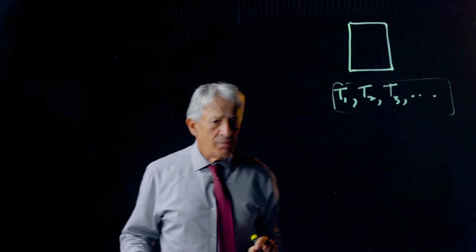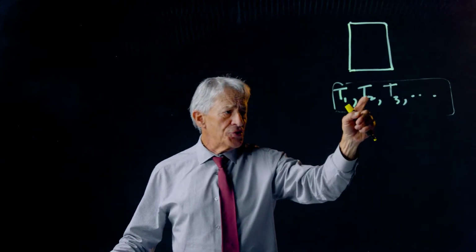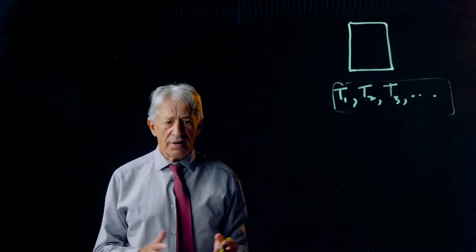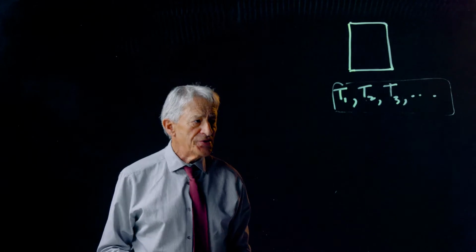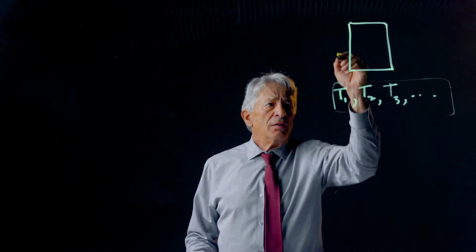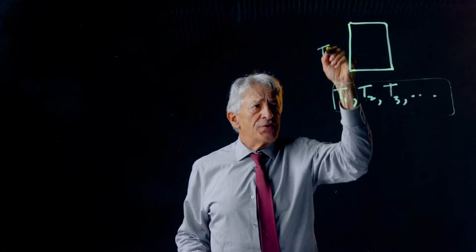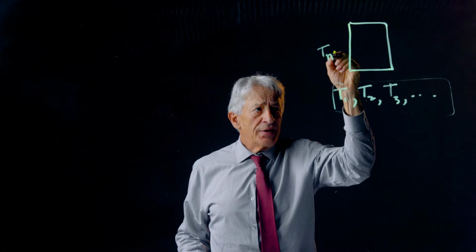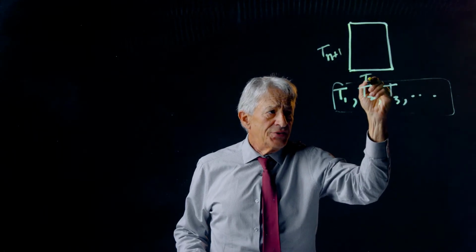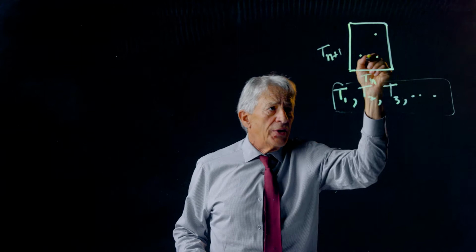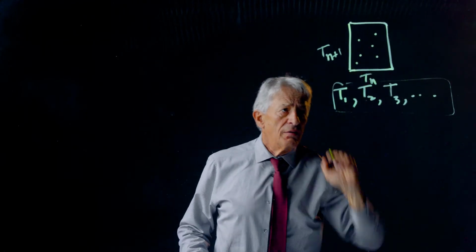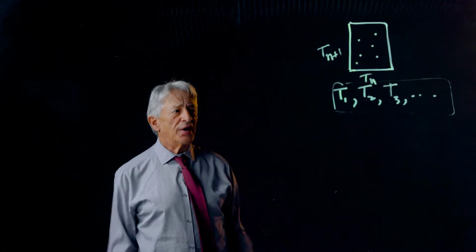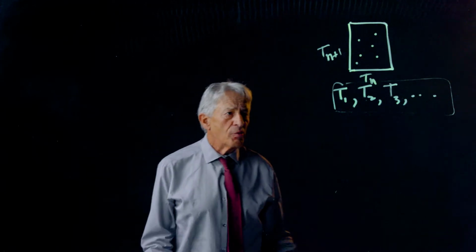And now this is not a mathematical function anymore. This is just a data set. I could have walked in and handed you this data set. And what you would do with this data set as a diagnostic is to plot Tn plus 1 against Tn. And then the diagnostic is very straightforward.